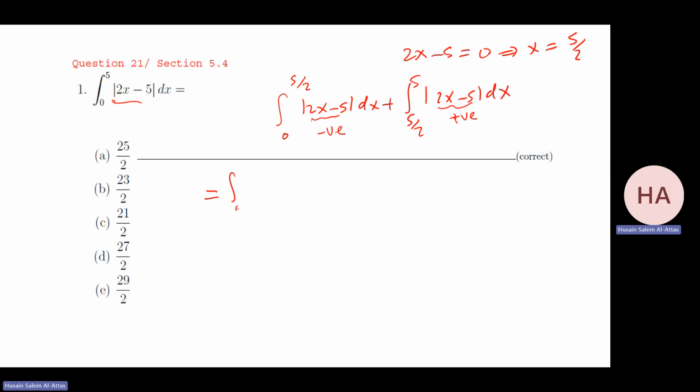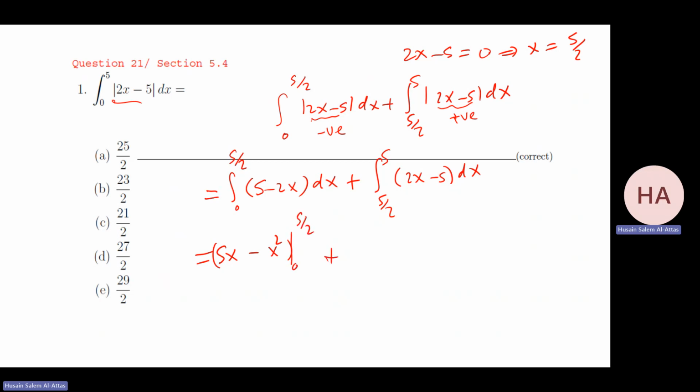So this will be the integral from 0 to 5 over 2 of 5 minus 2x dx, and the integral from 5 over 2 to 5 of 2x minus 5 dx. That will be 5x minus x squared from 0 to 5 over 2, plus x squared minus 5x from 5 over 2 to 5. Let me do the calculation.